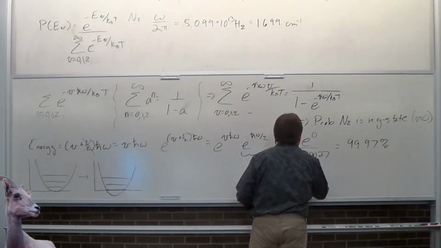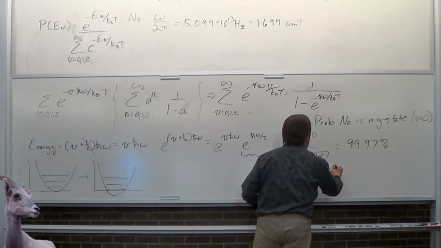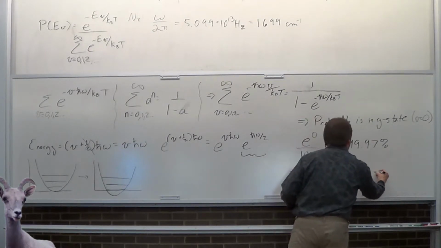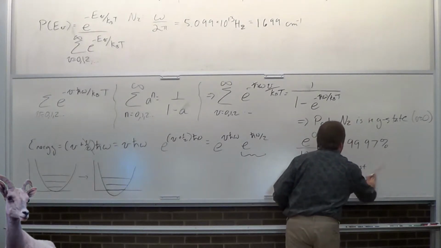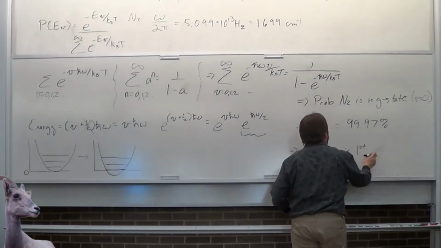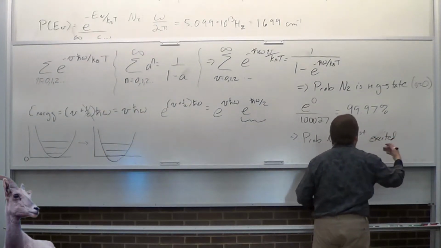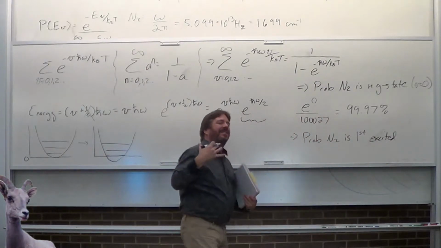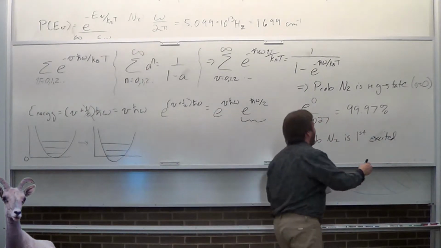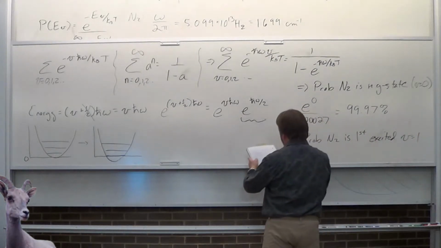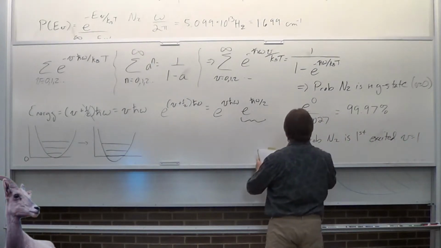Okay, let's do the first excited state. First state is the ground state. Now I realize that gets kind of confusing, that I can say the first state's the ground state. I need to say first excited state. So that's this, and that ends up being, did I write it all out?